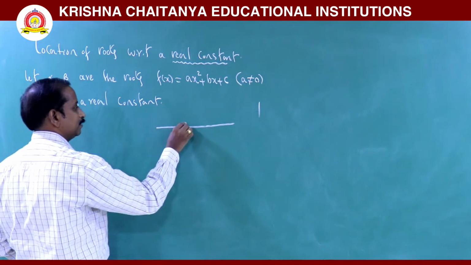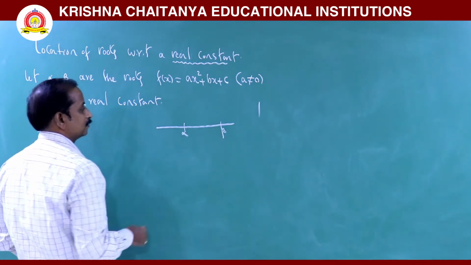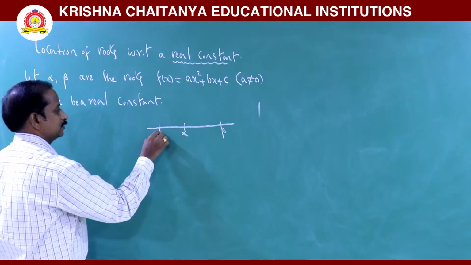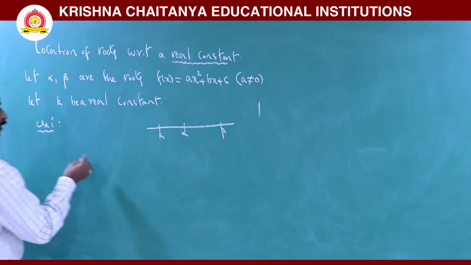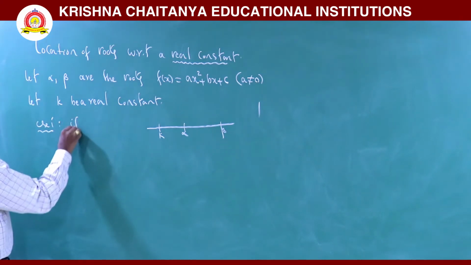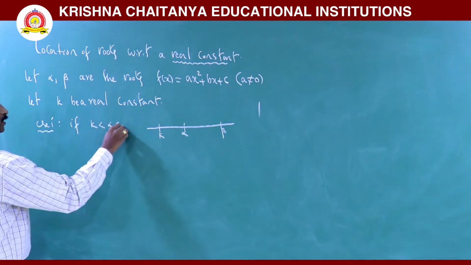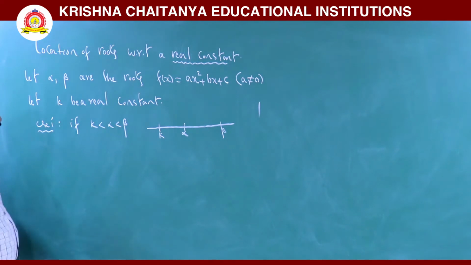On the real line, roots are alpha and beta. Each root exceeds the constant. This is constant k. So indirectly the condition is k less than alpha less than beta.